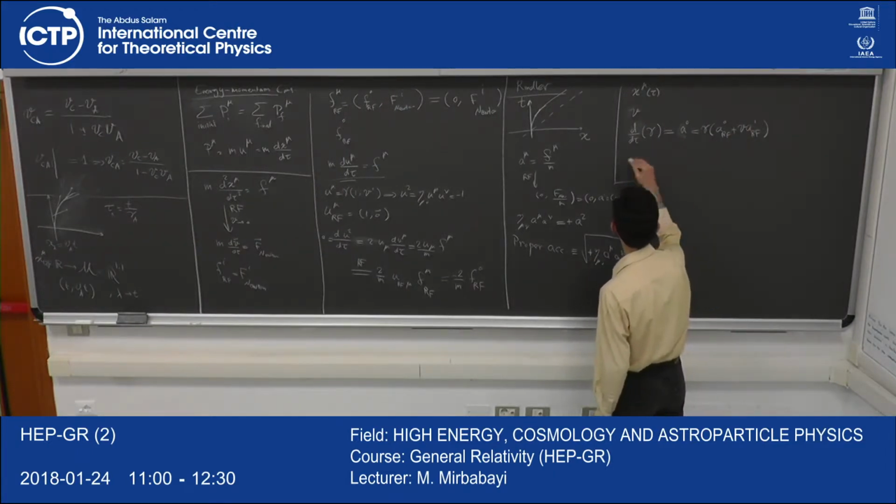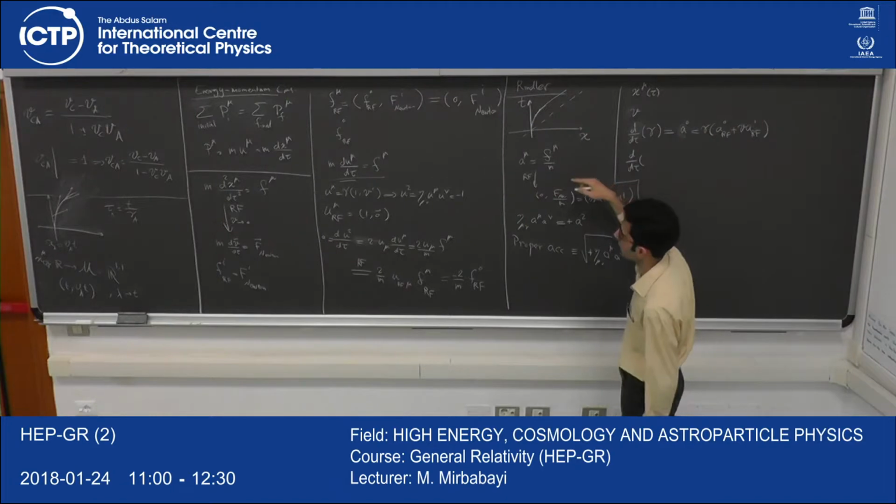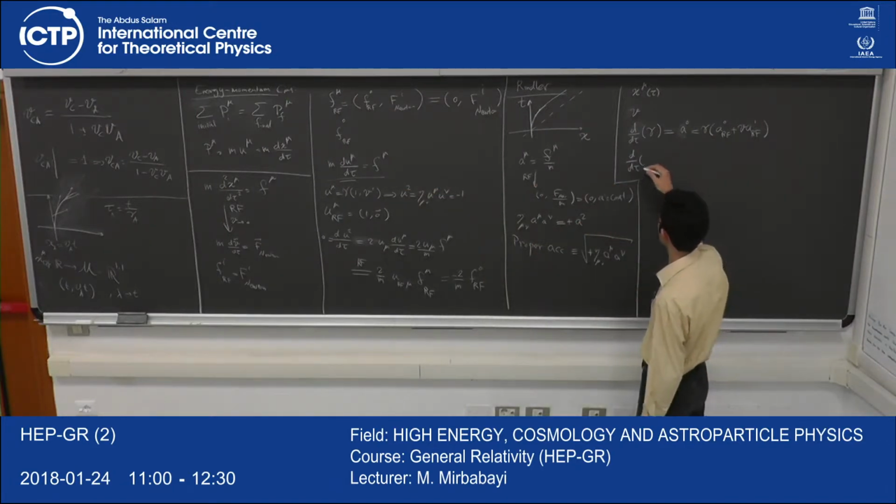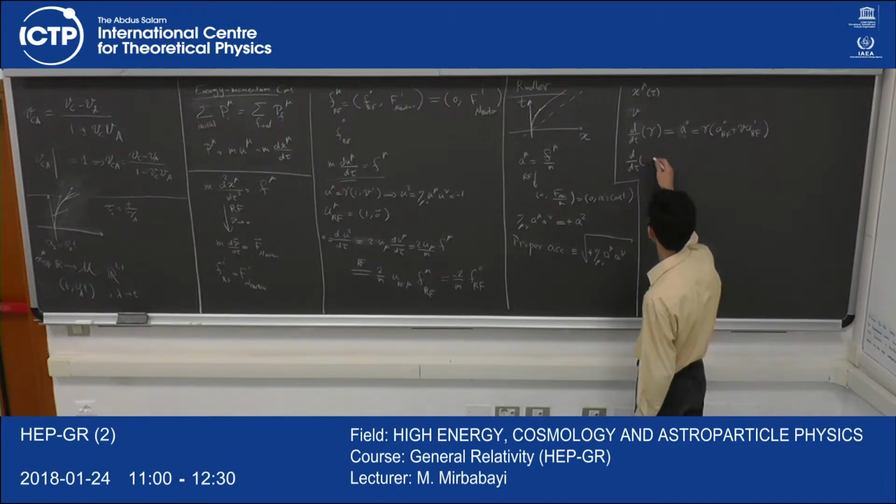So this is a general transformation property for a 4-vector. And then if I write the first component of this equation, that will be d by d tau of u1.